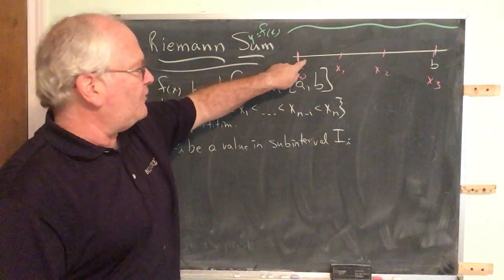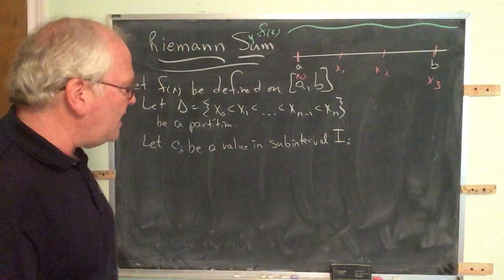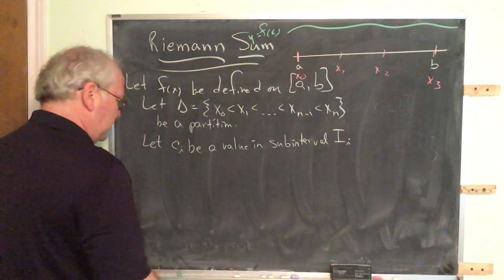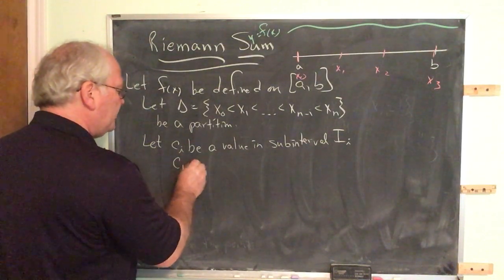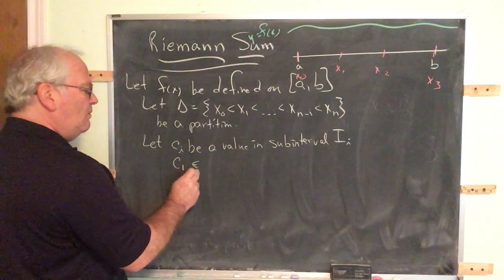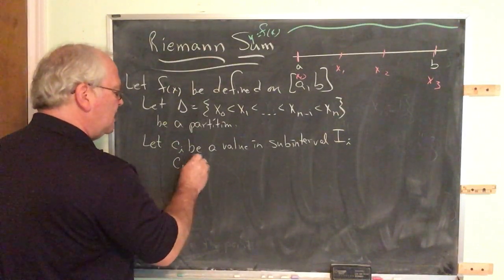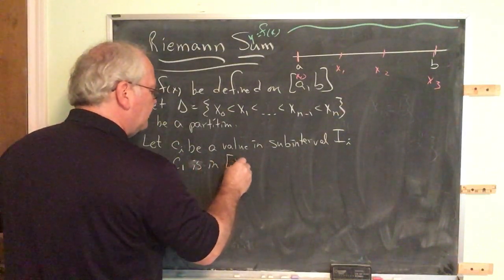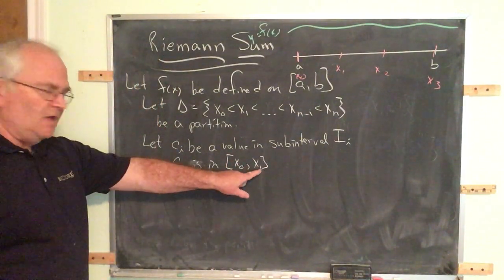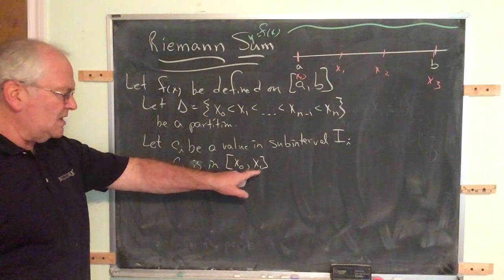Subinterval number 1, you're free to choose C to be any number, any value in this subinterval. So in this particular case, C1, this is the symbol for is an element of or is contained in. C1, how about I say, is in interval number 1. Remember, the interval number is the right endpoint subscript.